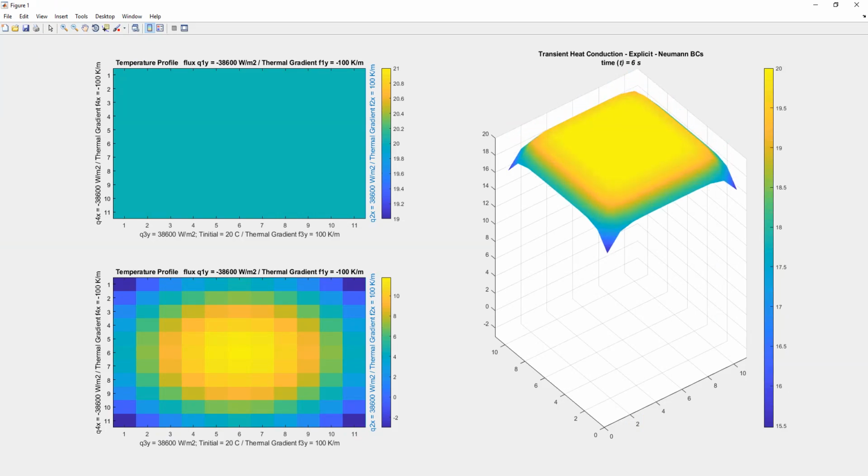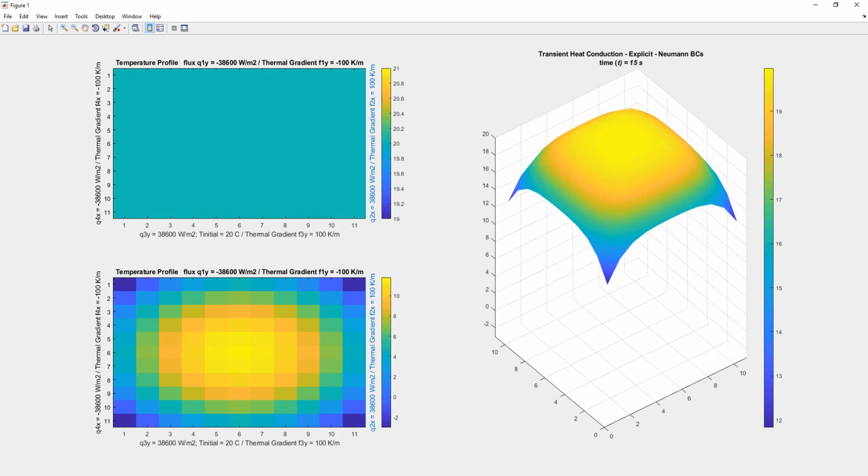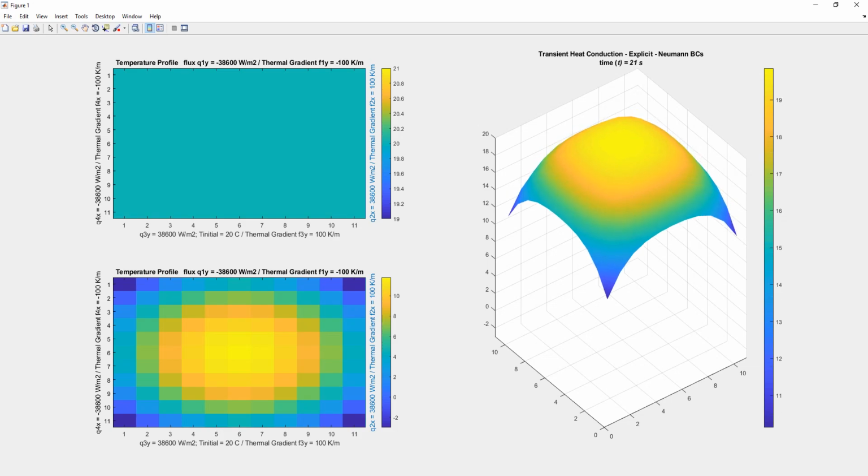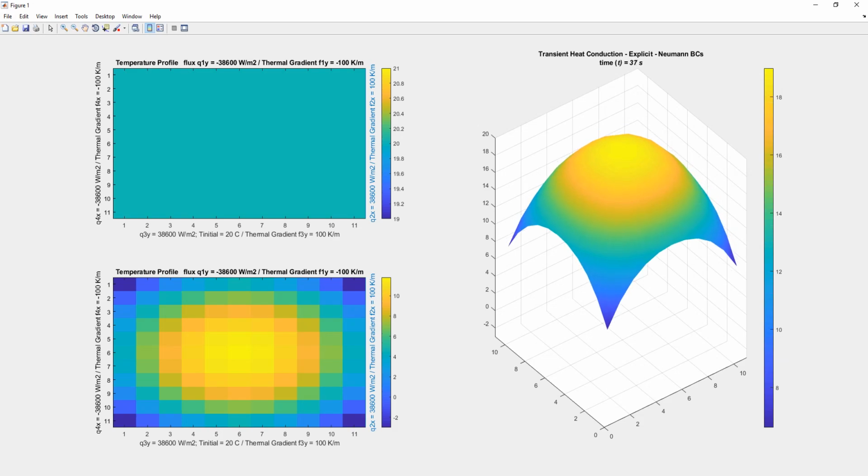So the initial conditions again are at the top left hand side, and the final conditions are at the bottom left hand side. On the right side of the screen we see the animation, and since we set the total time as 100 seconds, this is going to run until we hit t equals 100 seconds.